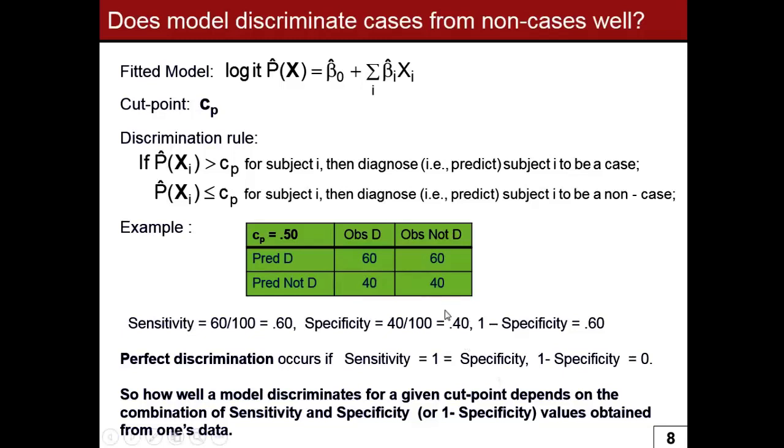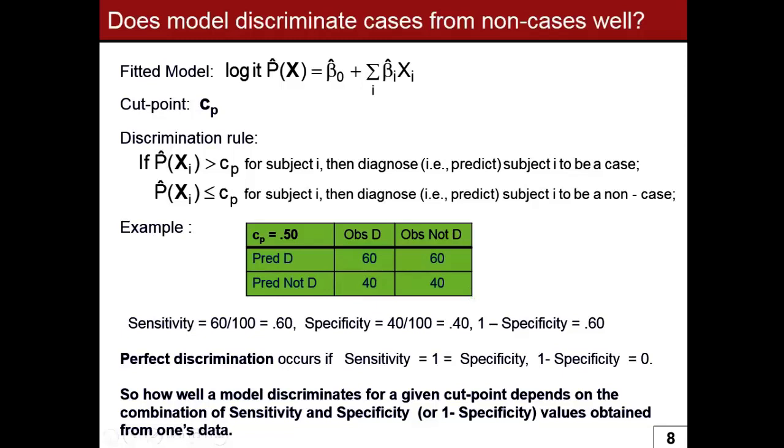But anyway, if you did the same thing with specificity, you'd ask, how many people did I predict were cases but actually weren't? That's 60 over here in this table. And this is how many people the model said were non-cases that were truly non-cases. That would be this 40 here. The specificity uses this as the numerator. So these are people with a low probability that actually were also a 0.